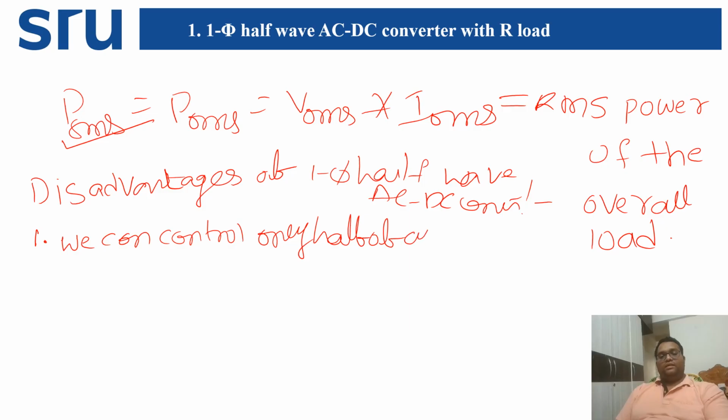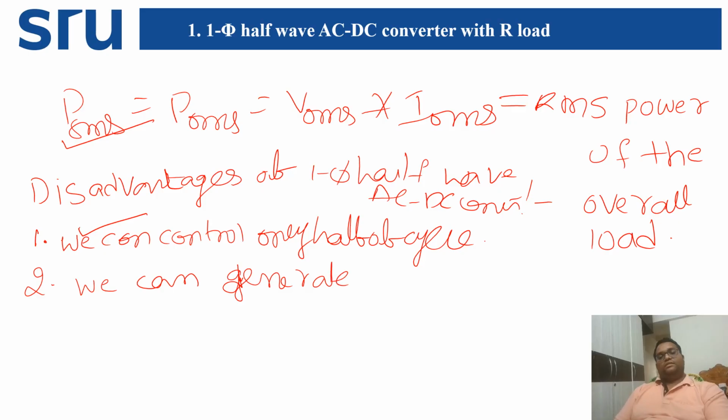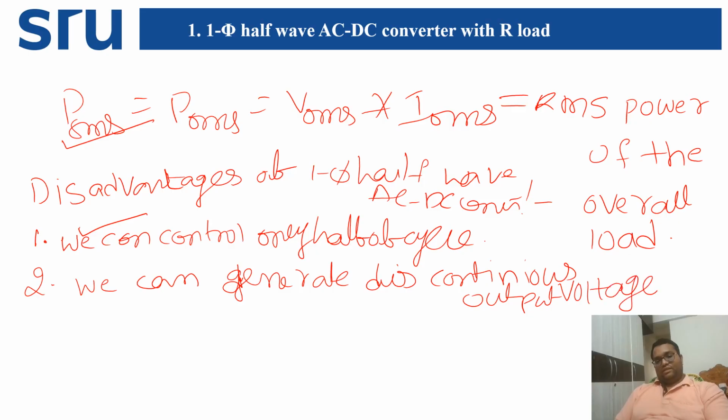The second one is that when we are controlling only half of the cycle, we can generate discontinuous output voltages.